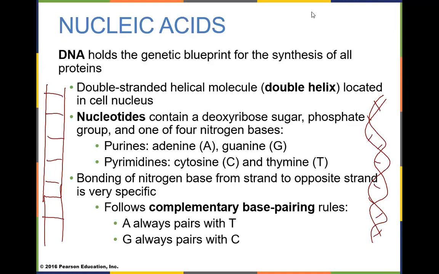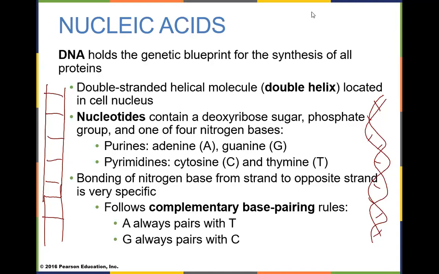Now, the nucleotides in DNA contain a deoxyribose 5-carbon sugar, a phosphate group, and a nitrogen base. And there are only 4 nitrogen bases: adenine, guanine, cytosine, and thymine. These bases will pair up with each other in that ladder.